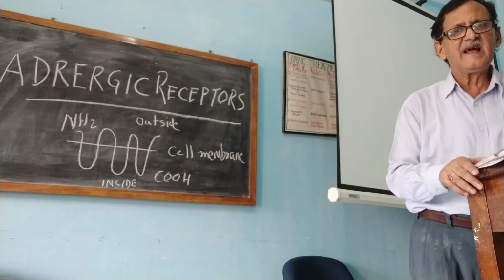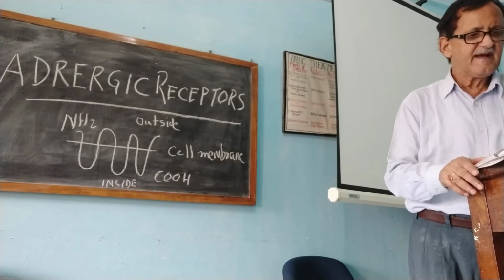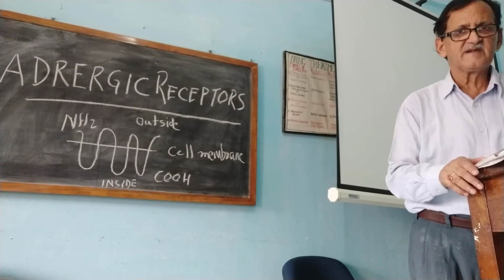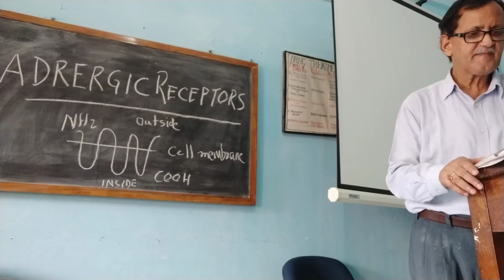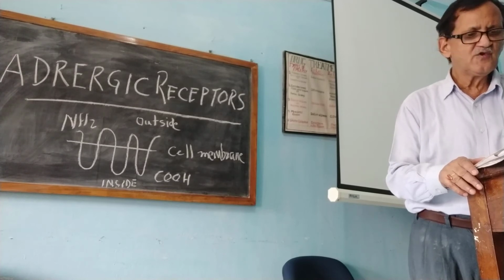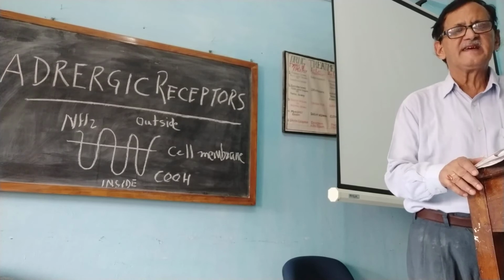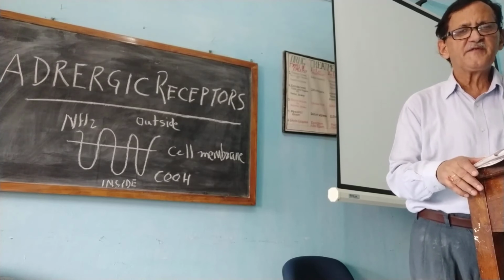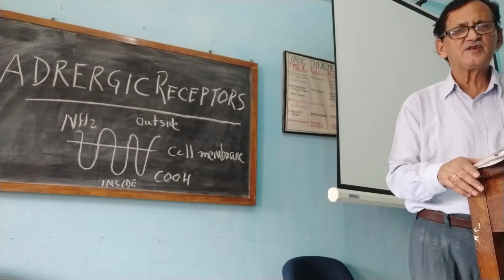Ejaculation and contraction of prostatic capsule and contraction of pregnant uterus, not non-pregnant. And it facilitates the neuromuscular transmission. These are the effects produced when alpha-1 receptors are stimulated.